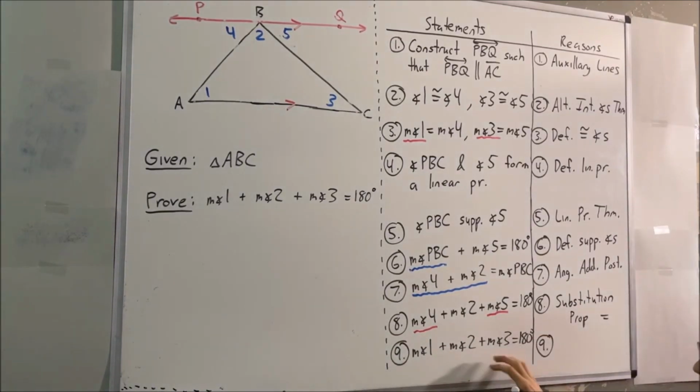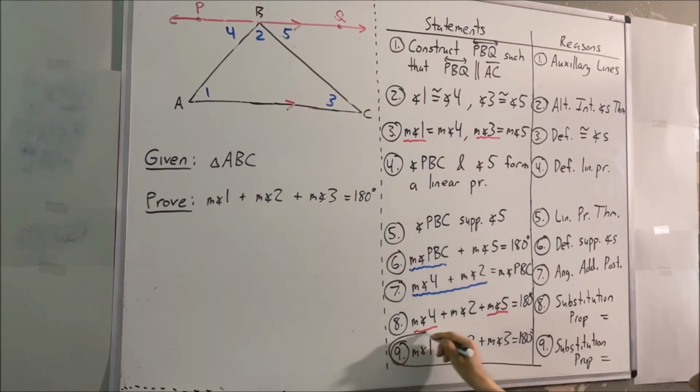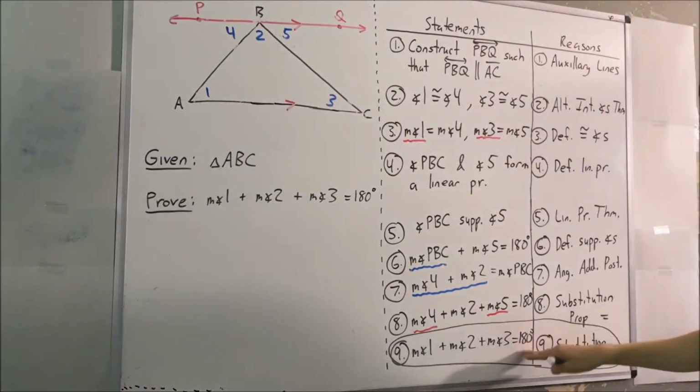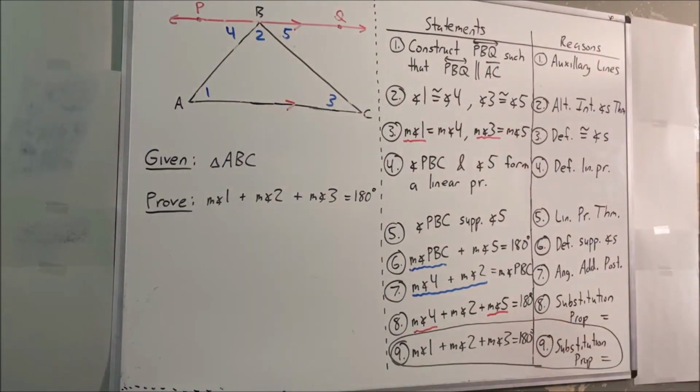And so again, this is by the substitution property of equality. And so as you can see, we have proven that the sum of the measures of all three angles, angle 1, angle 2, and angle 3, is in fact equal to 180 degrees. And so yeah, that's pretty cool that we were able to show that. So yeah, hopefully that helps, and this is pretty much it for this video.